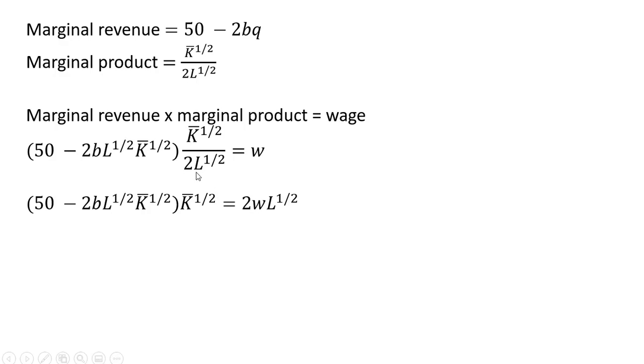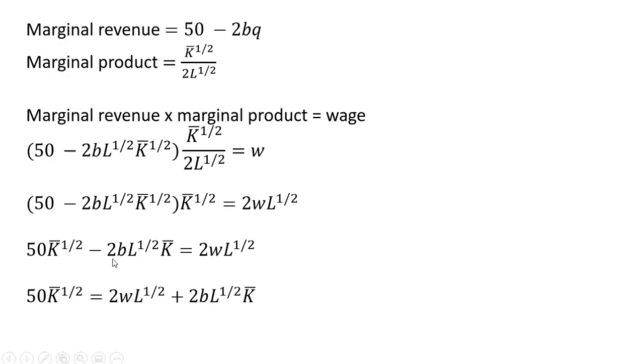So multiplying everything through by 2 times L to the 1/2 power. And on the left-hand side, we're going to distribute this K bar to the 1/2 power. And the next thing I'm going to do here, I'm going to take this minus 2BL to the 1/2 K bar and move that over to the right-hand side.